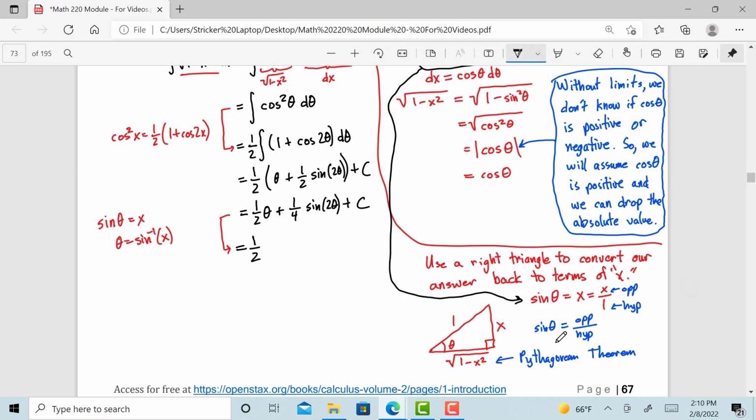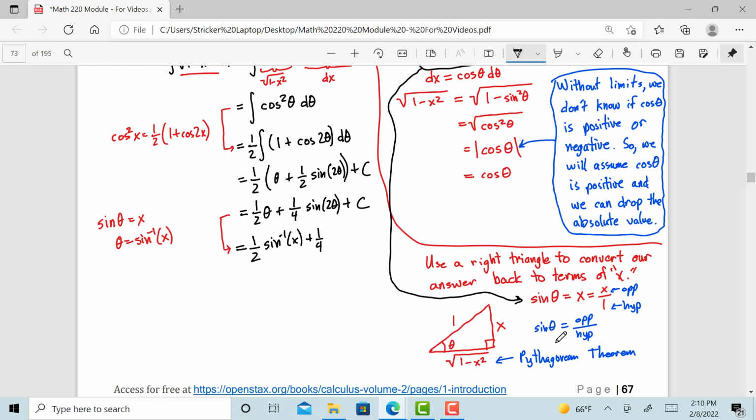So we have, instead of theta here, the inverse sine of x plus 1/4 times sine 2 theta. And so our right triangle down here is in terms of theta. We're actually going to need to rewrite that. And so we can use a trig identity there.